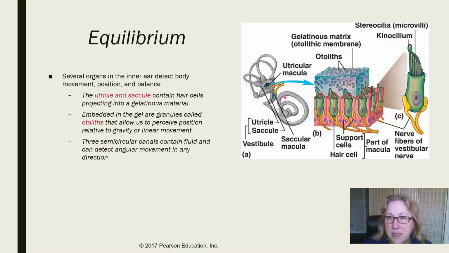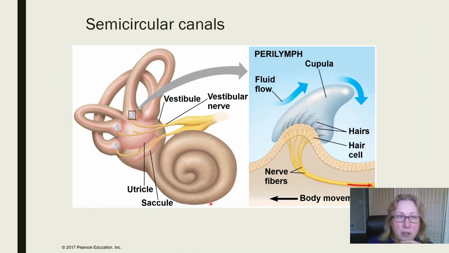And then we have the three semicircular canals, which are filled with fluid, and the fluid in there will move, and they point in different directions. The three semicircular canals are in different orientations so that you can detect movement of your head in any direction because it will move the fluid in those canals.